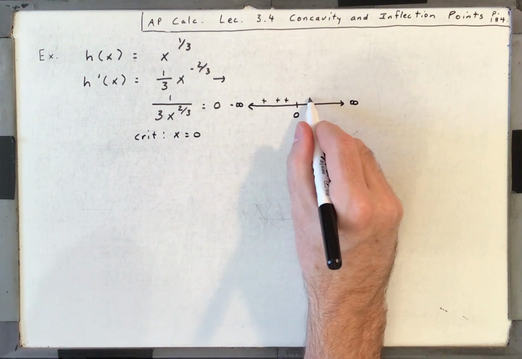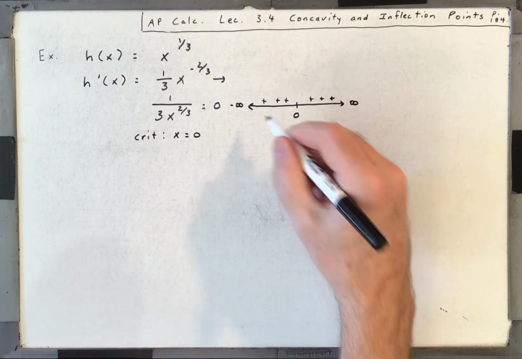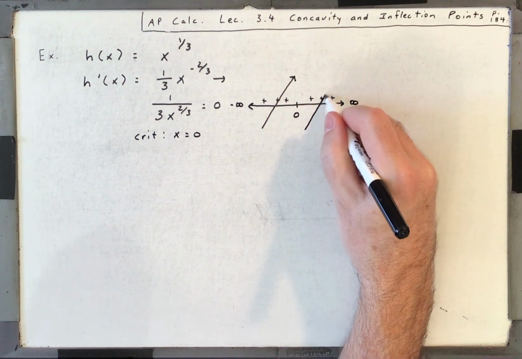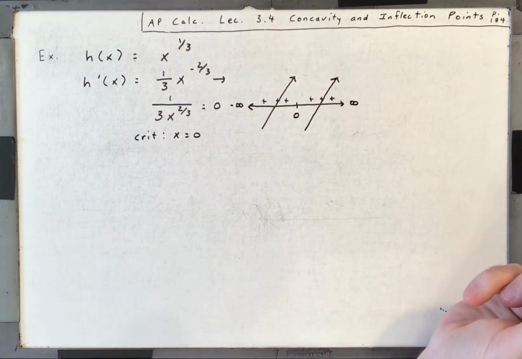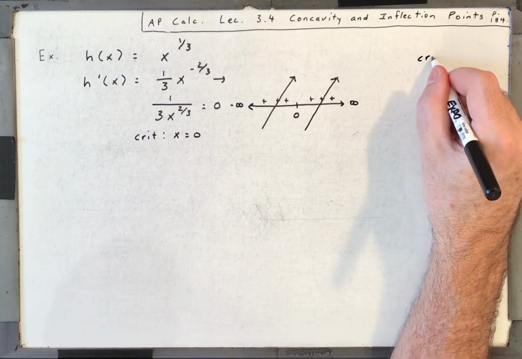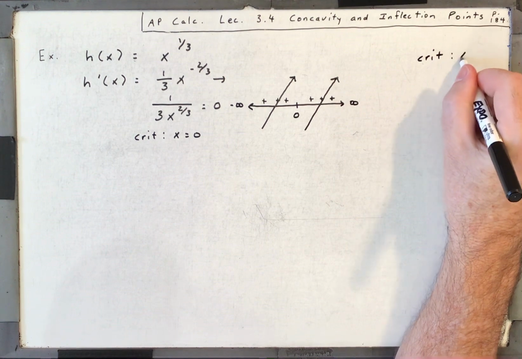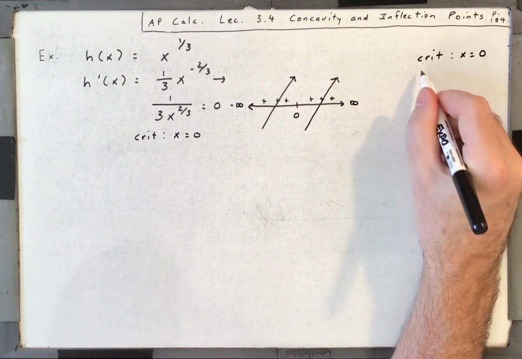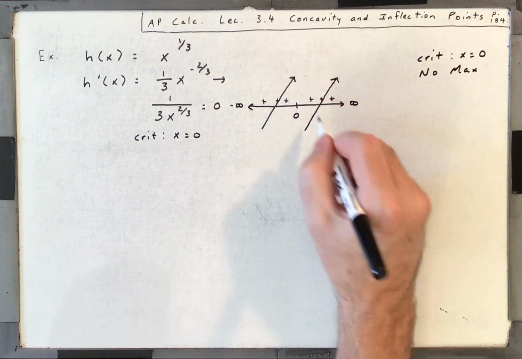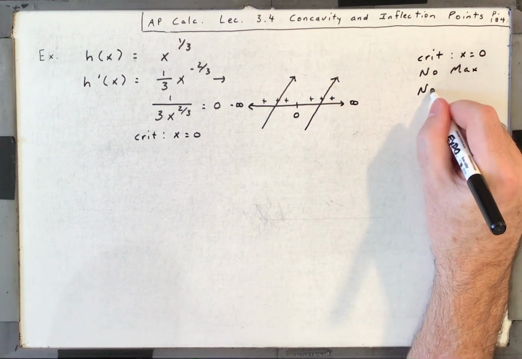To the right of 0, also positive. So you might remember from yesterday's example that we had this situation. All right, so all of our information: we have a critical point at x equals 0. We don't have a maximum because it never starts coming down again. We don't have a minimum.